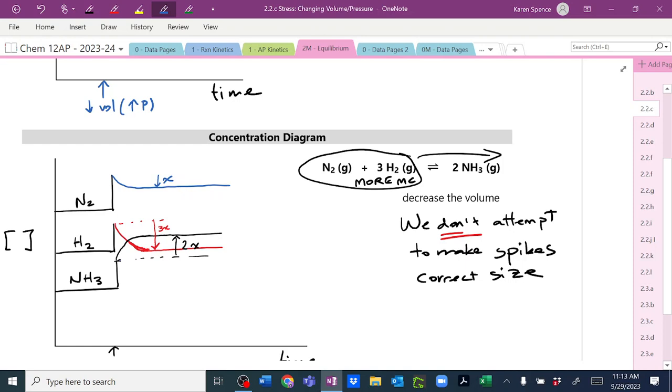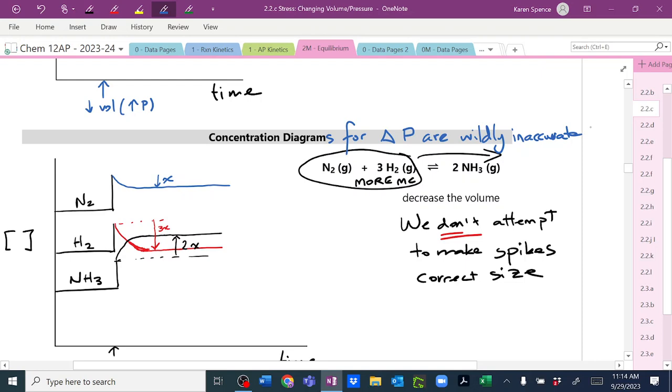Yeah, but like I said, it's so inaccurate that we can't really do much with it. Concentration diagrams for changes in pressure are wildly inaccurate. Okay, so just go with it.